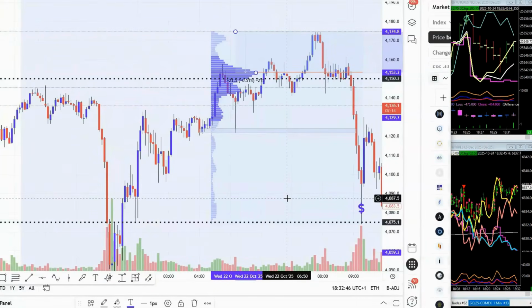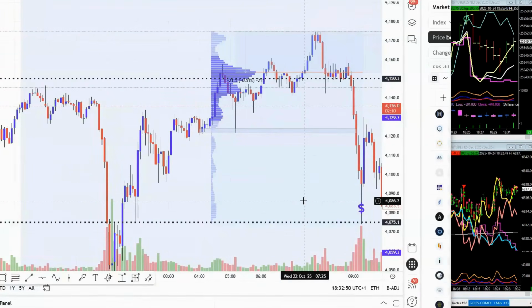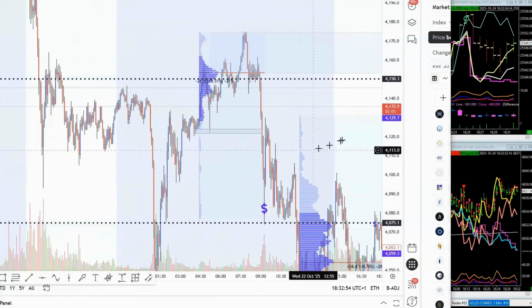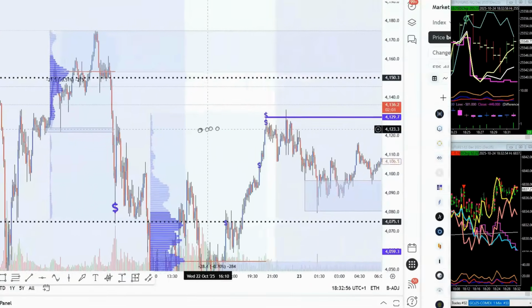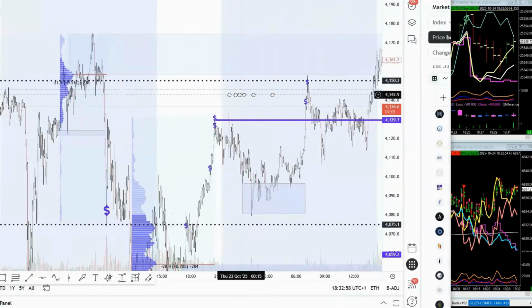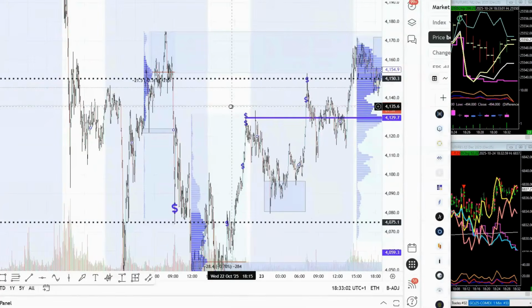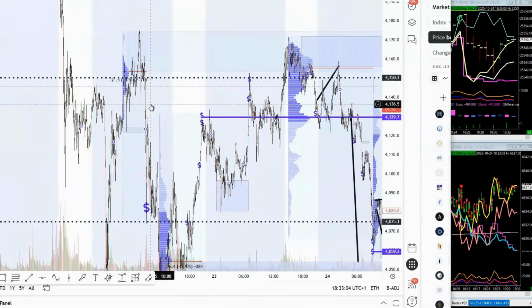If that's the market maker short on Wednesday, based on the market maker model, and I then look at this, what happened at this location here? It's the same bloody trade.